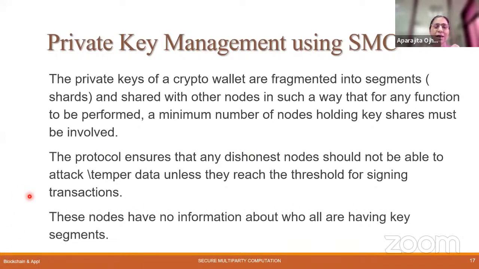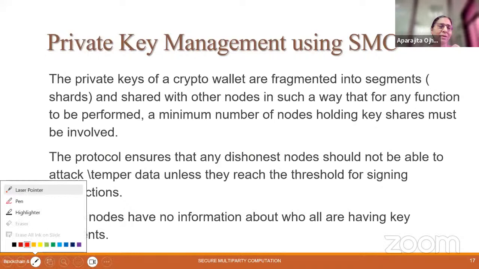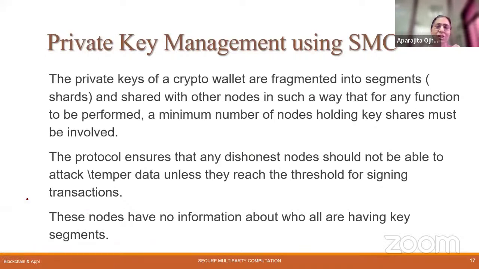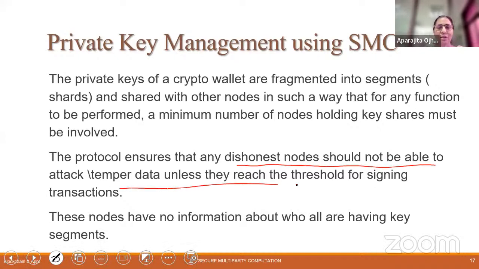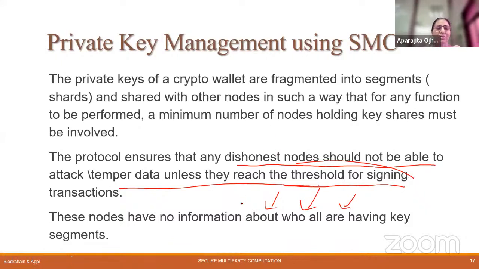These nodes have no information about who all are having key segments, so it is not possible that they reach a consensus or combine their efforts in stealing. Because they have no idea who is holding the key fragments, it is not possible that they will get the private key.